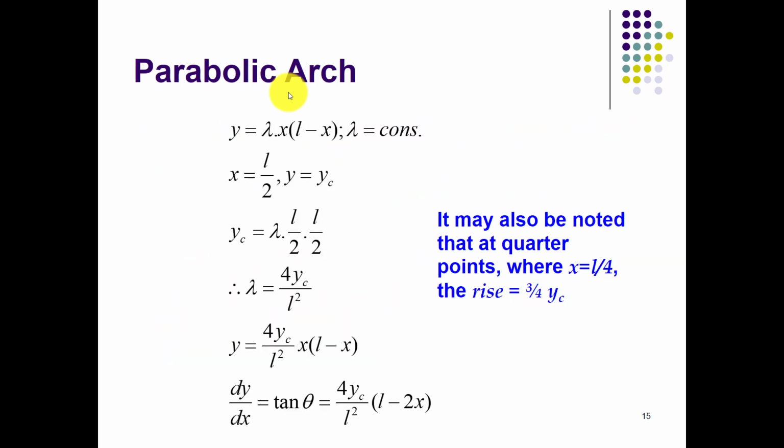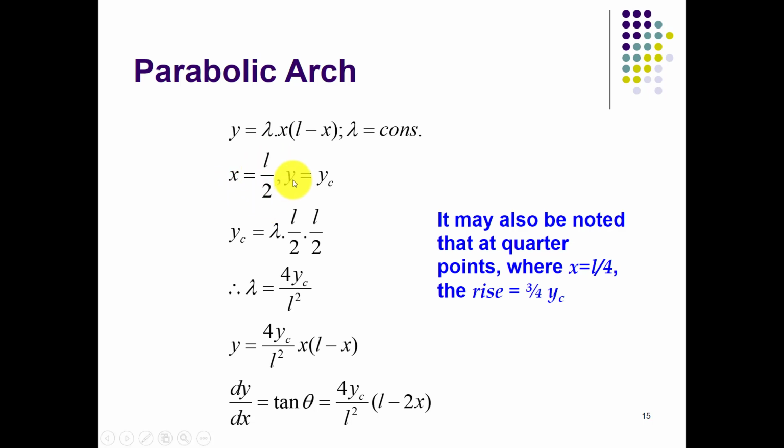If we take the parabolic arch, we have an equation of a parabola as x square minus x multiplied by a constant value. The constant value shows the amplitude of a parabolic arch. If we take the value of x, for a section drawn at point C, we have half of the length. If L is the span of the arch, then the section at point C would be at L by 2.